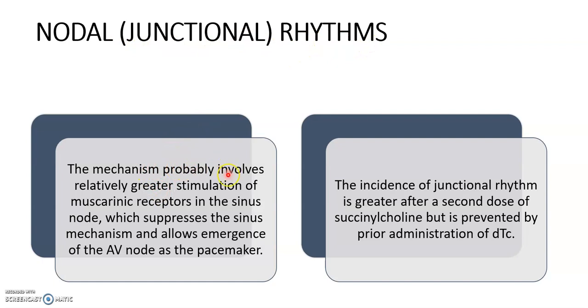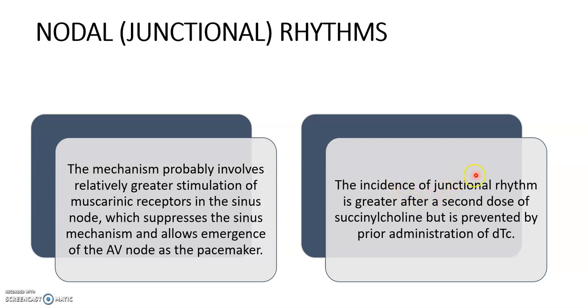This is probably because of greater stimulation of muscarinic receptors in the sinus node in the heart. This suppresses the sinus mechanism and allows the emergence of the AV node as the pacemaker, because the pacemaker is supposed to be the sinus node, the SA node, the sinoatrial node. If you suppress that, the AV node takes over as the pacemaker of the heart, causing a condition called junctional rhythms.